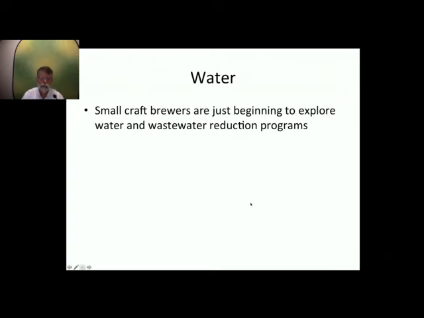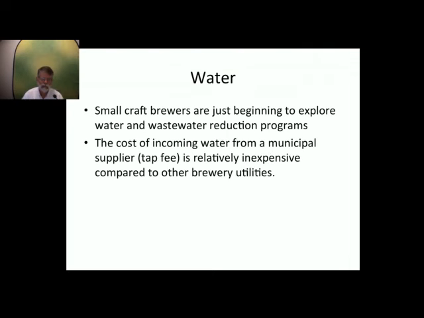Small craft brewers are just beginning to explore water and wastewater reduction programs. Right now, it doesn't seem to affect them very much. The cost of the incoming water from a municipal supplier, which is a tap fee, is relatively inexpensive compared to other brewery utilities.